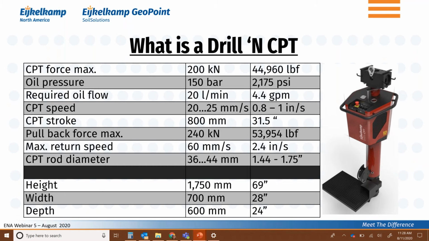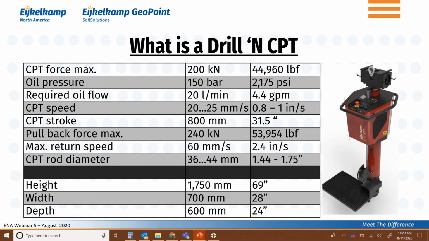You can see in here that the rod sizes it can handle are between 36 and 44 millimeters. That is what the clamp is used for. So from that point of view, it cannot put in 55 millimeter casing, but you could put in that casing with your drill rig. We have a client in Canada that never puts the casing in with the pusher.